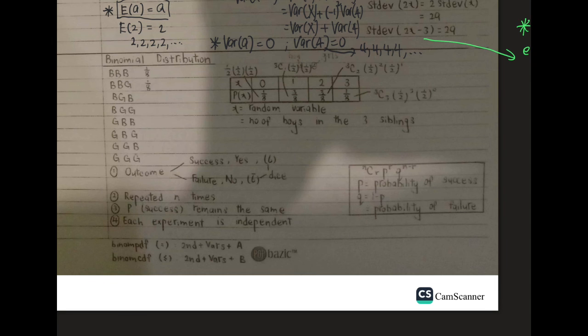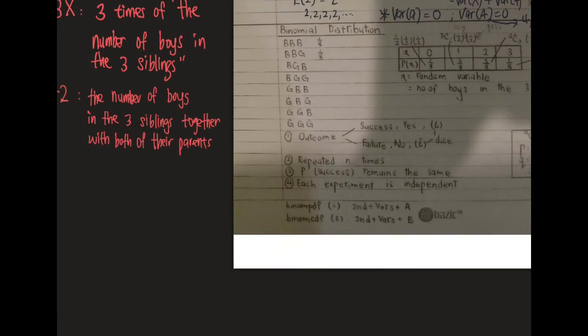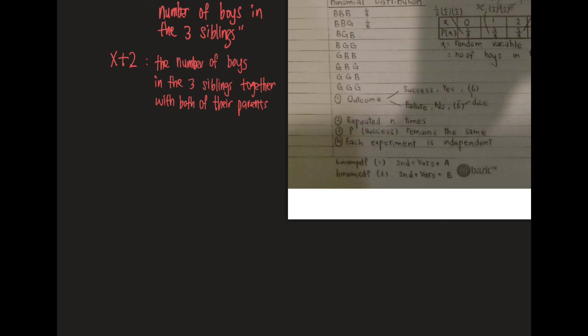Okay, so you take a quick look at the tree diagram again. So it's boy, girl, boy, girl, boy, girl, boy, girl, boy, girl, boy, girl, boy, girl.